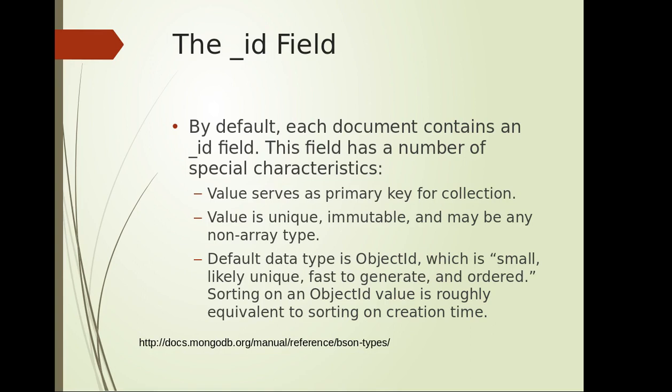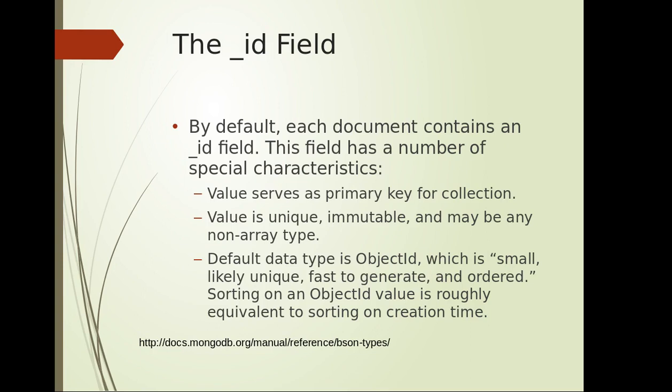MongoDB has a default primary key that is the underscore ID field. If you do not want to create any kind of primary key, then MongoDB by default will insert the default primary key as the ID. So its value serves as a primary key for the collection. Values are unique, immutable, and may be any non-array type.